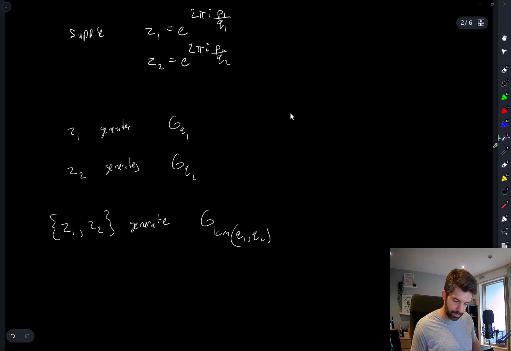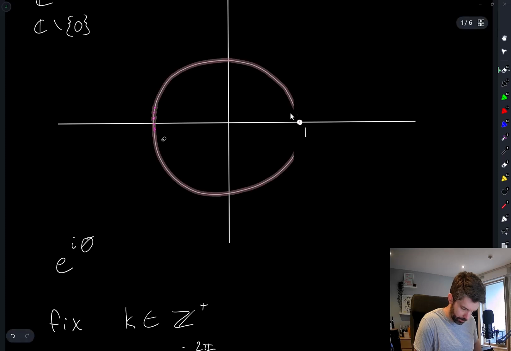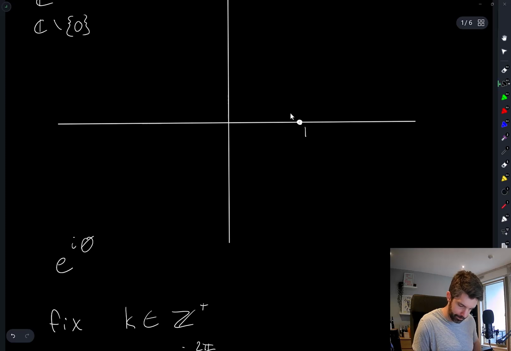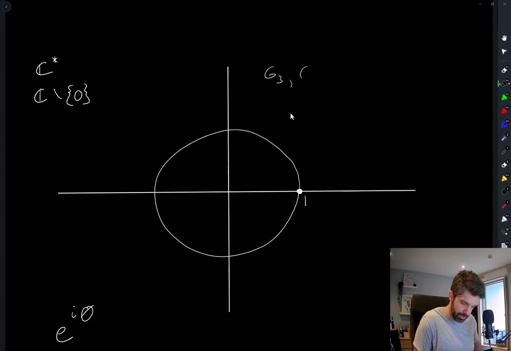So if I take G3 and G5, where G3 is these three numbers and G5 are these five numbers, and I'm also allowed to multiply them, then in fact what I get is G15.